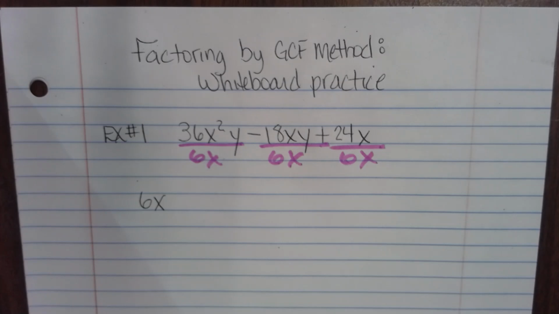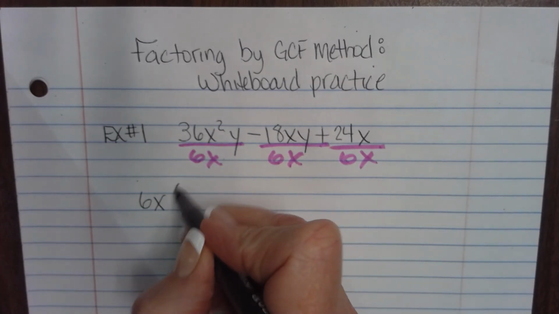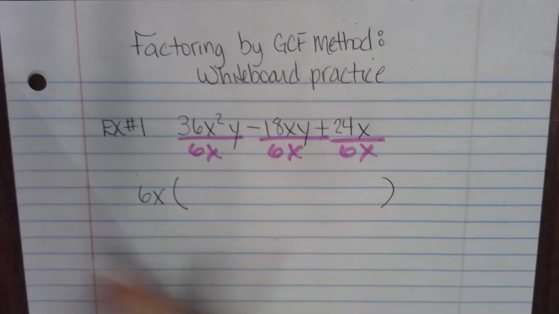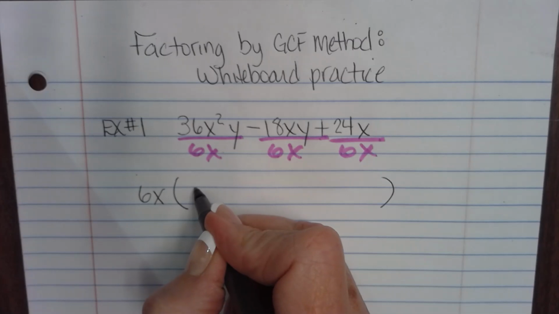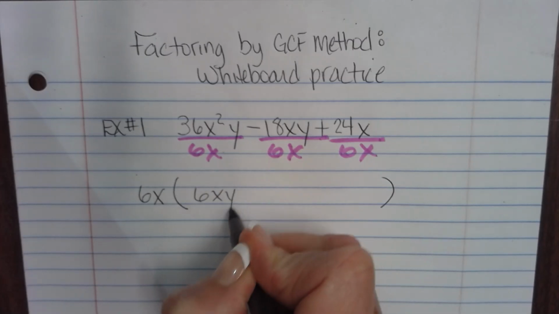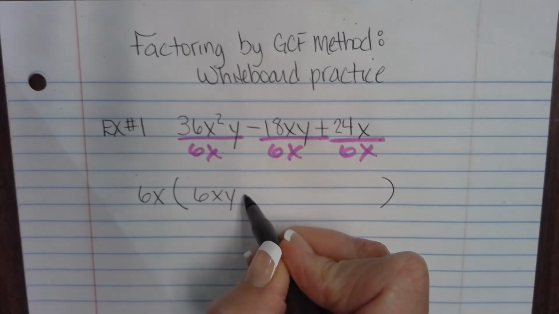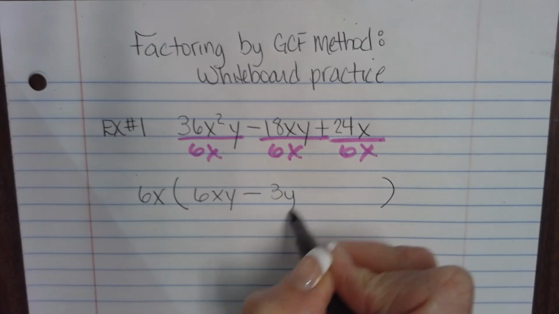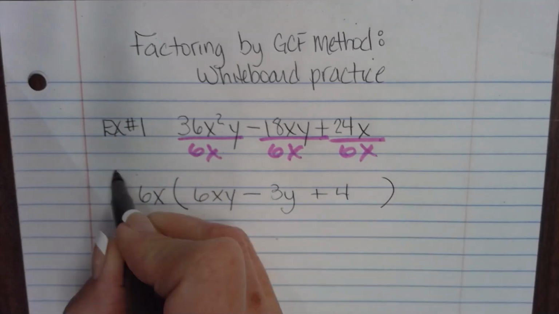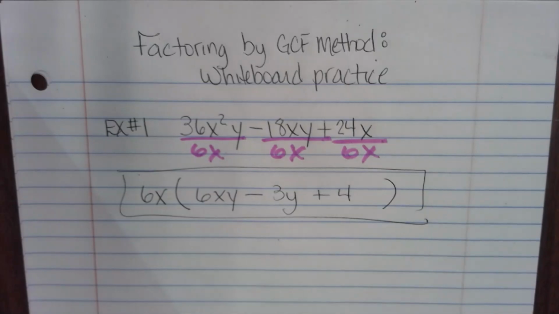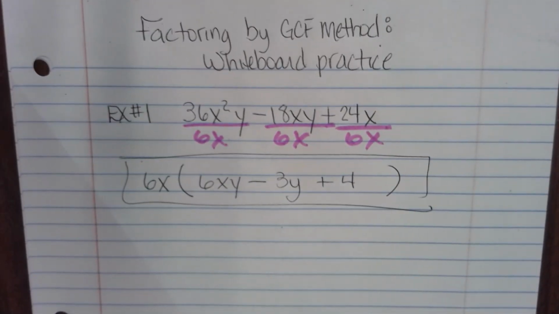I'm fine with that. I get it. 6x goes on the outside of my factored form because 6x is one of my factors. When I divide, I should get 6xy in the first slot minus 3y in the second slot plus 4. Y'all good?